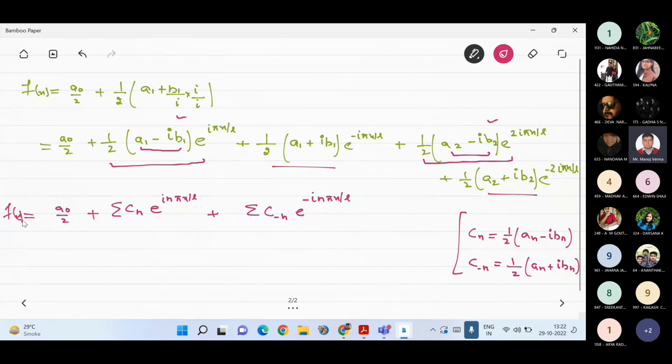So what I'm trying to say is, if I want to find the Fourier series expansion in terms of complex variables, in terms of complex functions, then I have to replace my an and bn with this Cn and c minus n. I just have to calculate the values of Cn and c minus n, and then I can express this function in terms of complex variables, right?